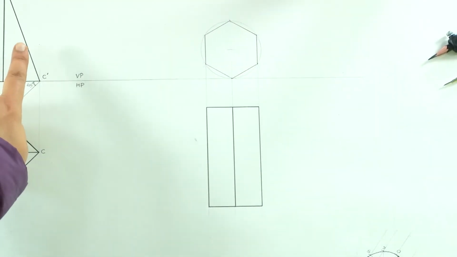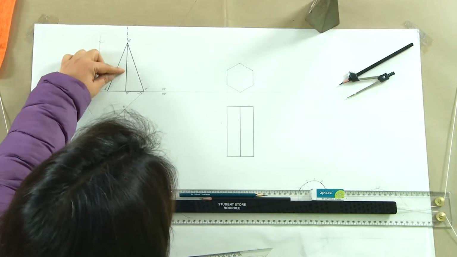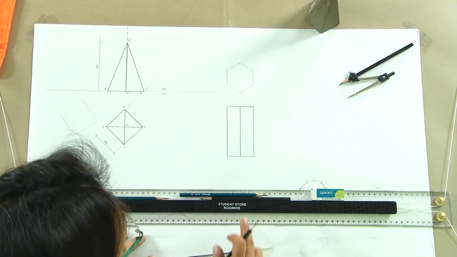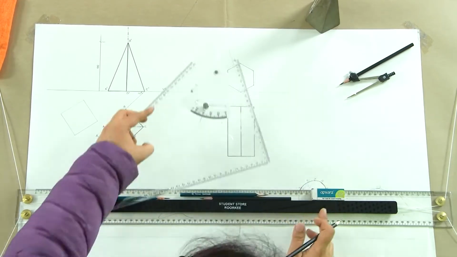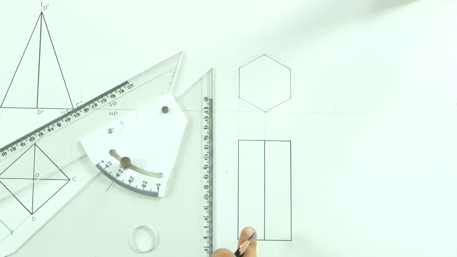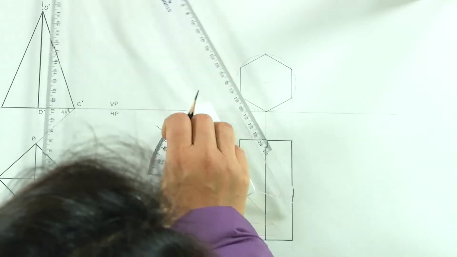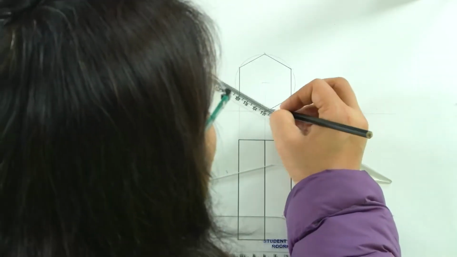For a pyramid, what I told you was that each of the faces is a triangular face. Here we are seeing triangular faces. They may be skewed, but we will still see triangular faces. Here the rectangles may be skewed. They are not the true shape of the rectangle that is actually there on the object, but we will see the rectangular faces only. And in the front view, what we are seeing here is a hexagon.